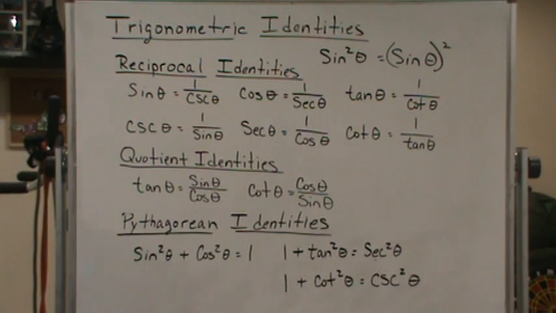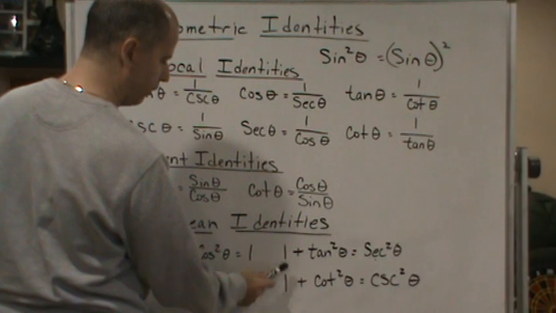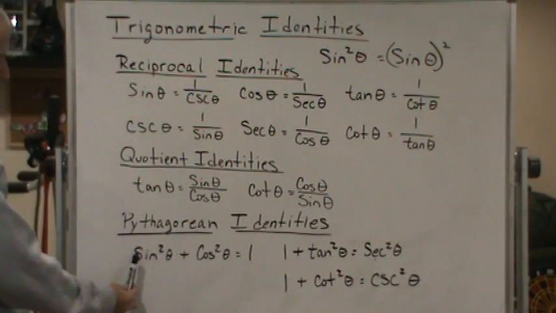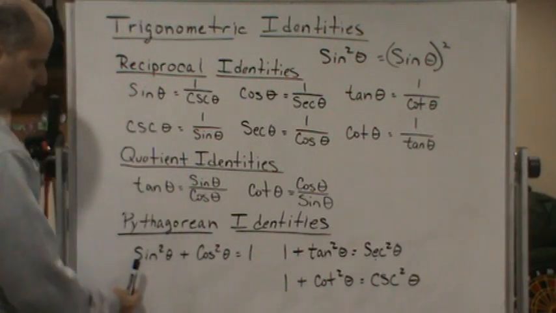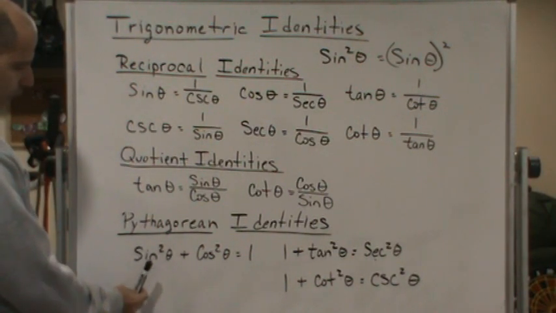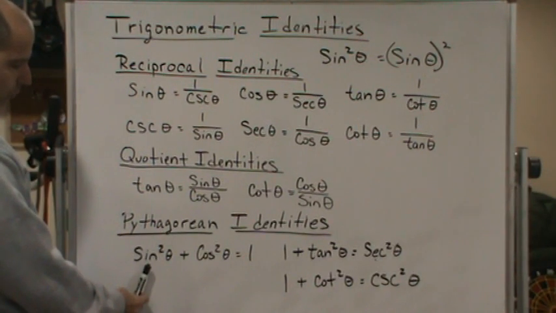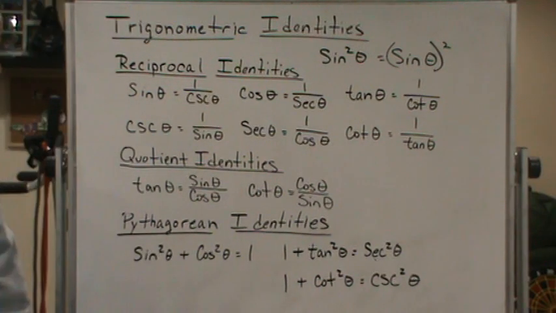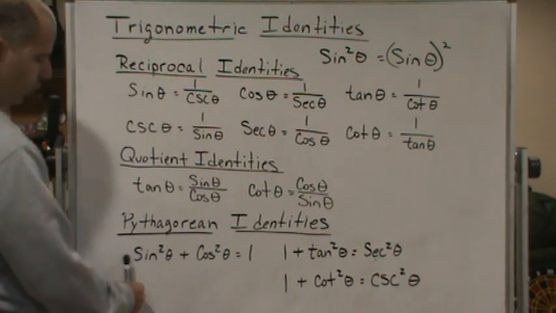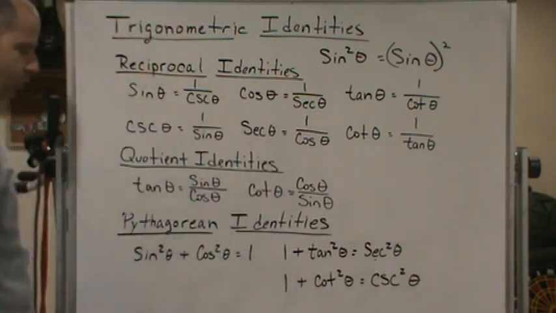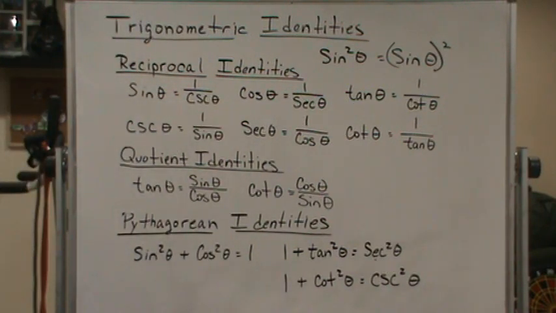And then the other two Pythagorean identities are derived really from this one, because all we're going to do is either divide the whole thing by sine squared theta, and then we get this one here, or divide the whole thing by cosine squared theta, and then we get the top equation here. And so those are the three Pythagorean identities.